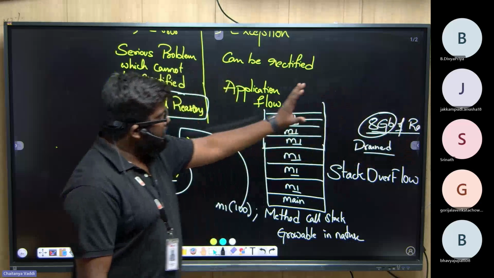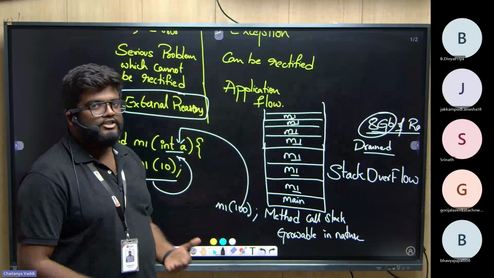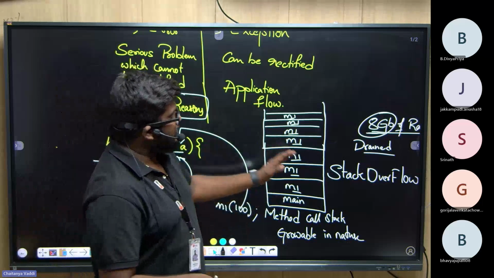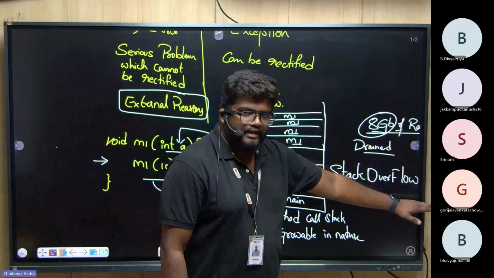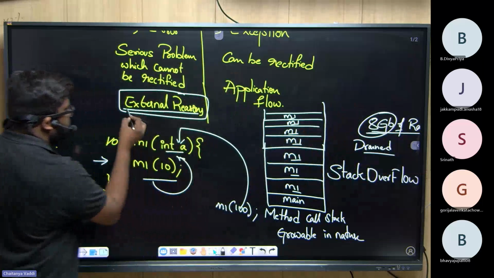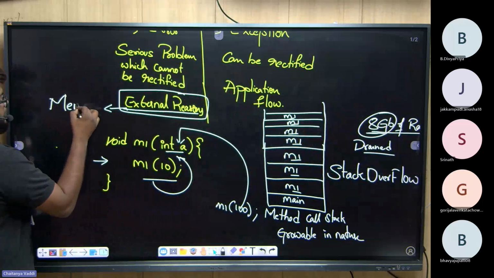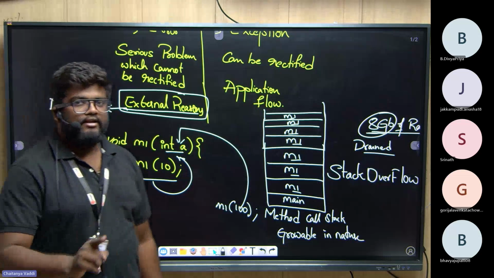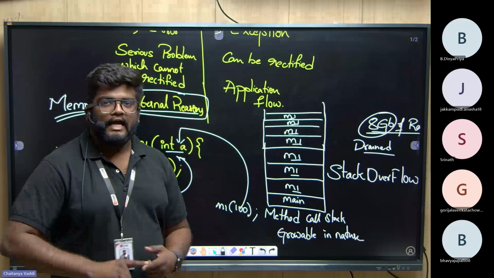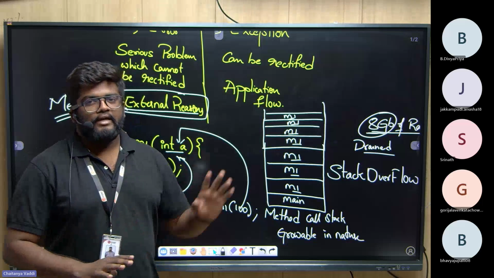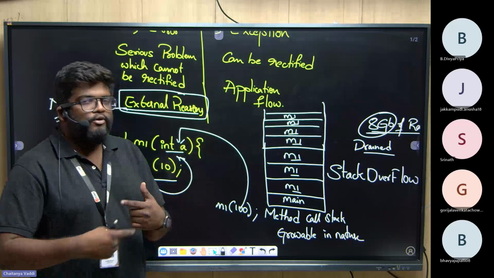So whenever the limit reaches, then there is no more space for the stack to grow its size, and then the stack overflow error will arise, and that has been caused because of the external reason, which is memory, right? So that can be an example of an error. Errors always happen because of external reasons only. They will never happen because of internal program problems.